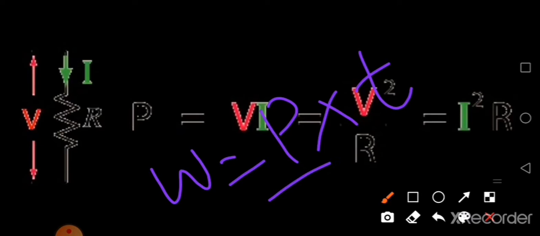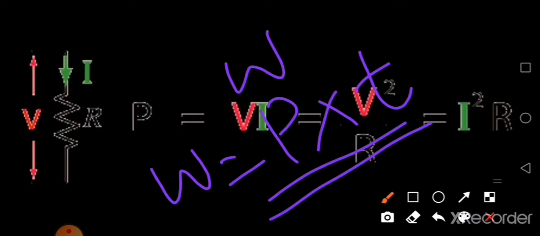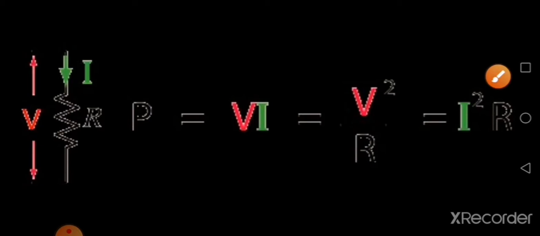This is how you calculate the commercial unit. Commercial unit means for payment, isn't it? So if power is in watt and time is in second, the unit will be watt into second.